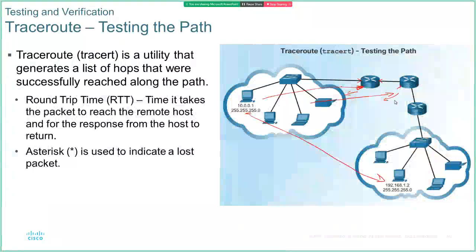Gets a reply back. Rinse and repeat for all the devices, and what it builds up is a little table saying you got to router 1, got to router 2, got to router 3, and then got to host 2.